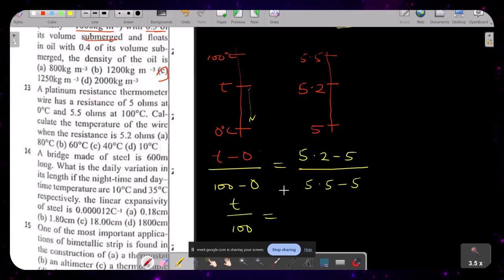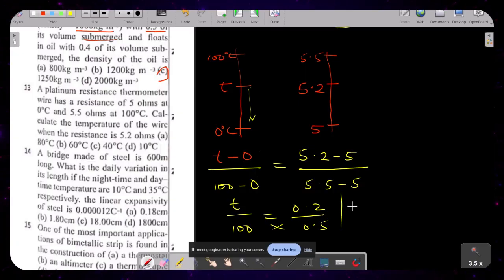T over 100 equals 5.2 minus 5, which will give me 0.2, all over 5.5 minus 5, which will give me 0.5. So I'll cross multiply.